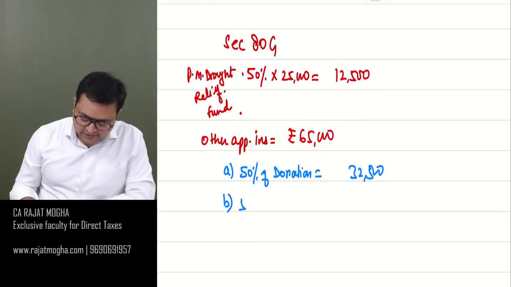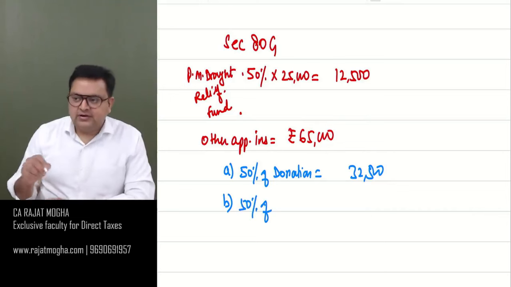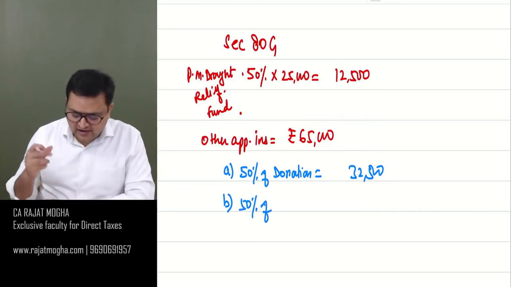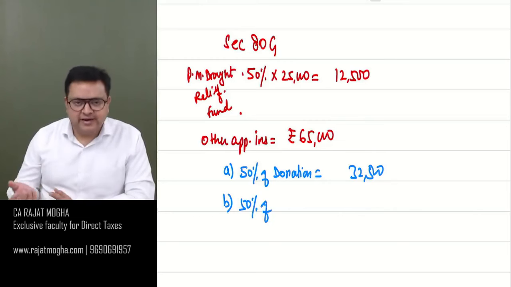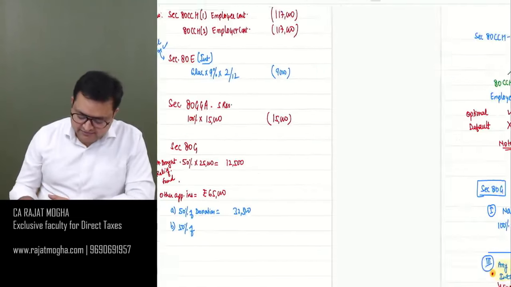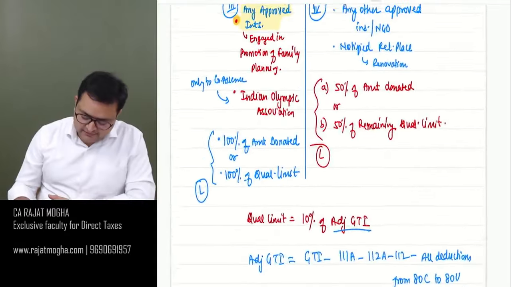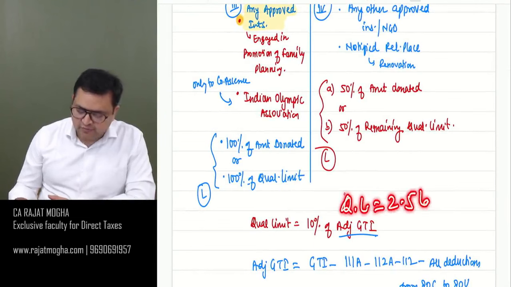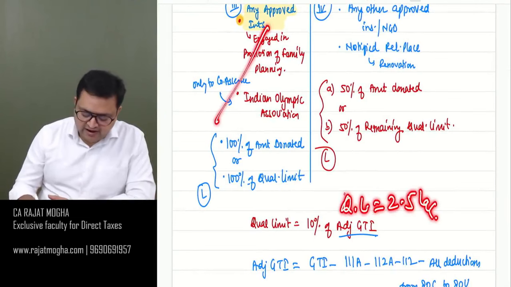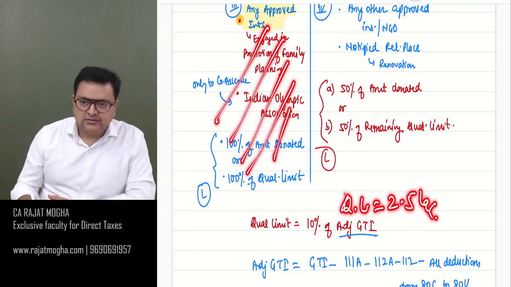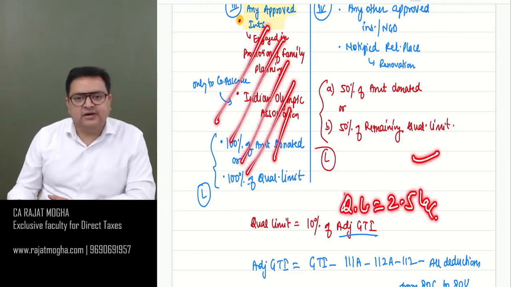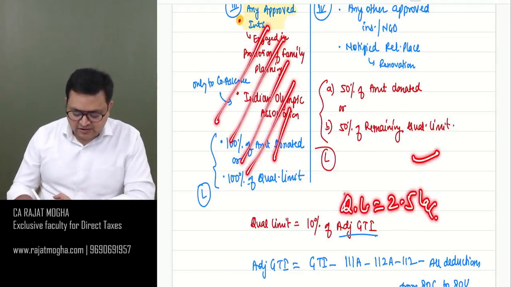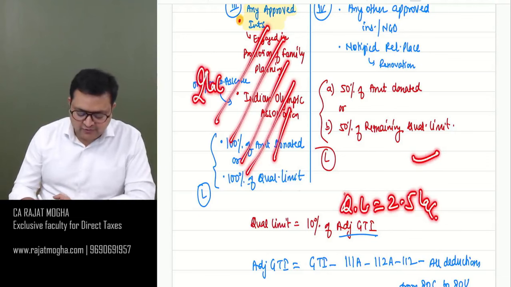Or 50% of the remaining qualifying limit. Now, guys, in this question, I will not write remaining. Why? See, what is the remaining qualifying limit? Let's say my qualifying limit is 2.5 lakh, as in the example I gave you. Whatever I have exhausted in category 3, what is left after that is the remaining. So if we have already exhausted 2 lakh rupees over here, the remaining is 50,000.